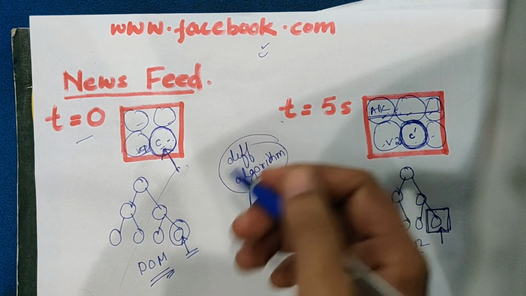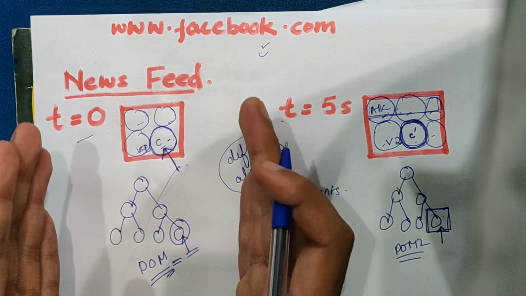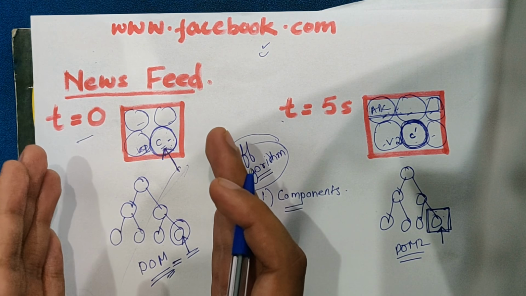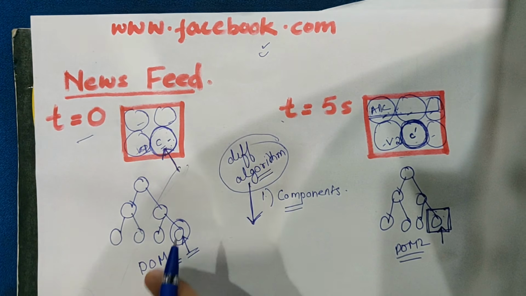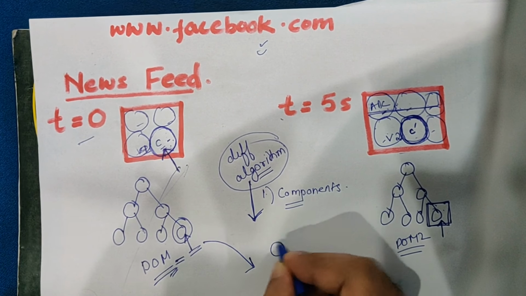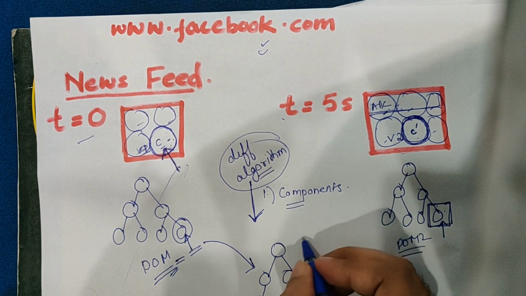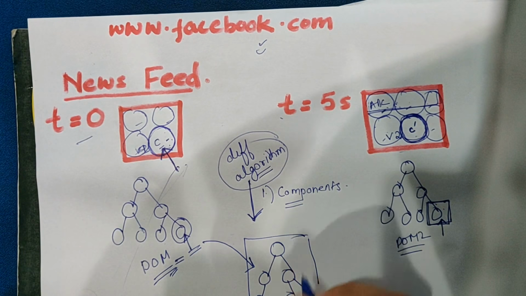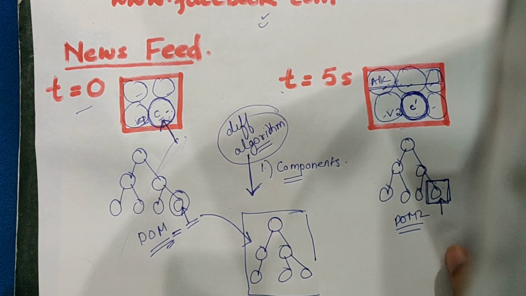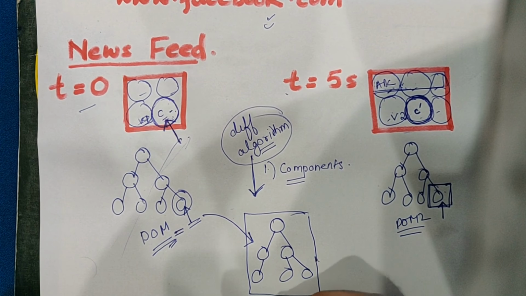This particular DOM is the DOM of t equal to 0, meaning the old DOM before the post was shared on Facebook. This DOM will be updated by React inside memory. Remember, inside memory. This particular DOM will not be shown to the browser so that it can show you the new page. This is just a virtual DOM.